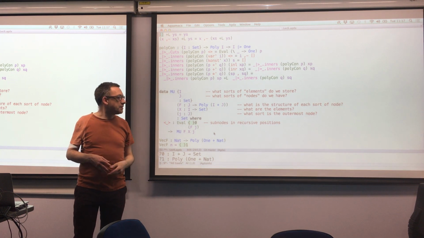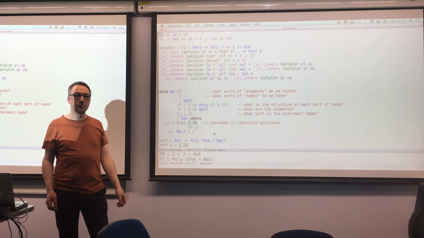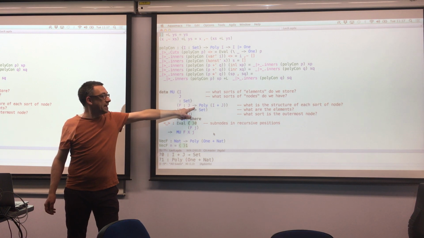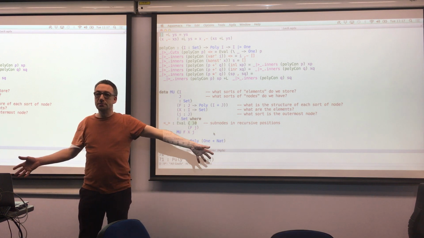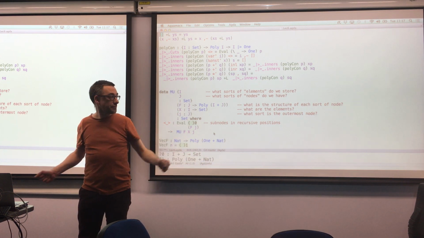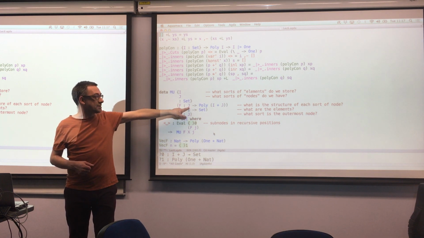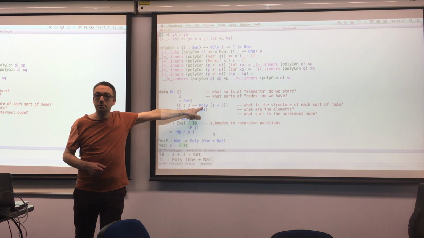How, in general, do we characterize a data structure? Well, for each sort of node, we need to know the polynomial that describes those nodes. And fortunately, we get to look at the sort of node we want before we have to say how to build them.